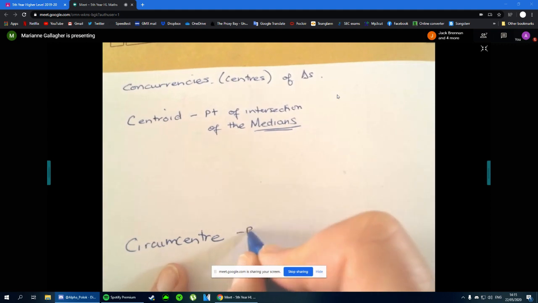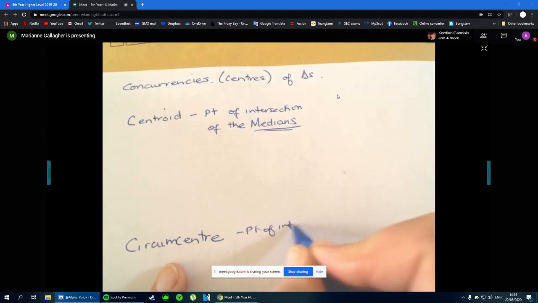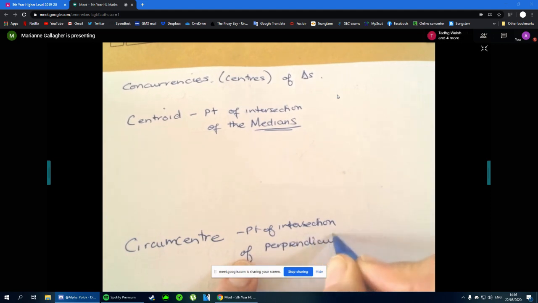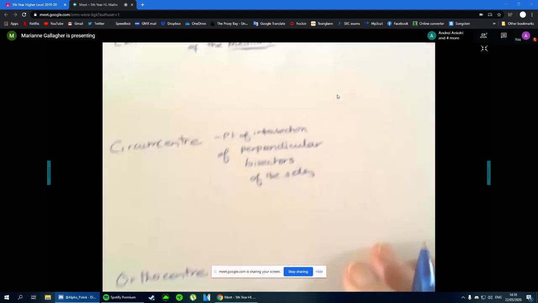This one is the point of intersection of the perpendicular bisectors of the sides. And I'll go through what each of these means in a minute.